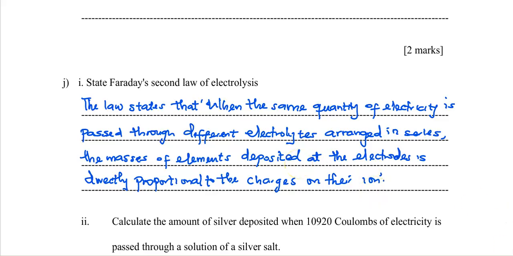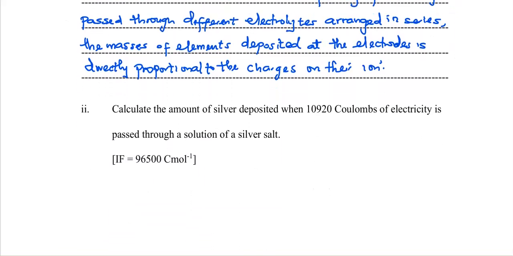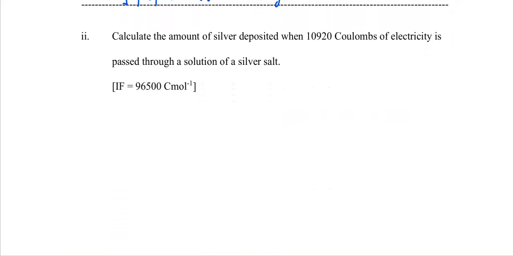The next question says, calculate the amount of silver deposited when 10,920 coulombs of electricity is passed through a solution of a silver salt. So to solve this question, given Q equals 10,920 coulombs.